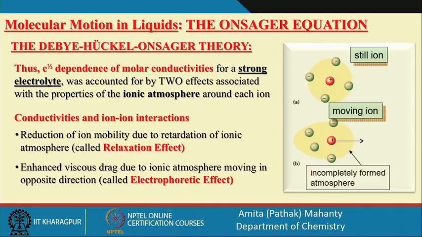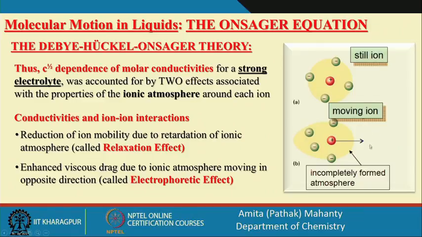Let us see what we have. This is the symmetric charge, which is still. Now suppose we have an ion placed under an electric field. Suppose you have a negative electrode here, then the cation will move towards the cathode.